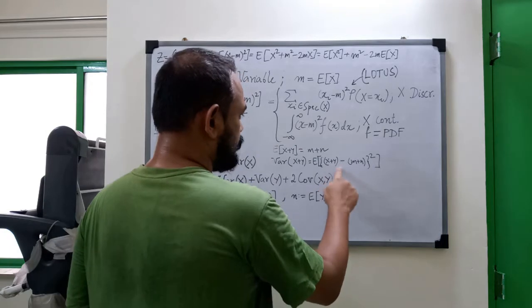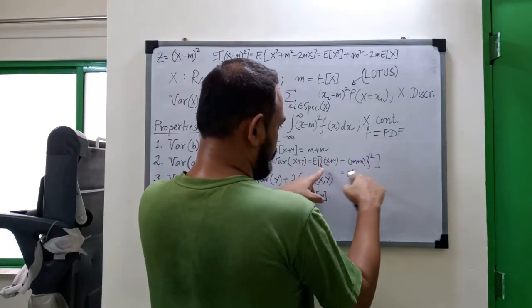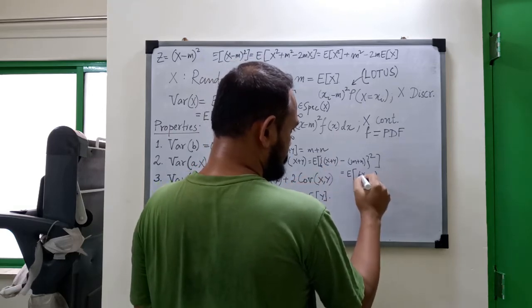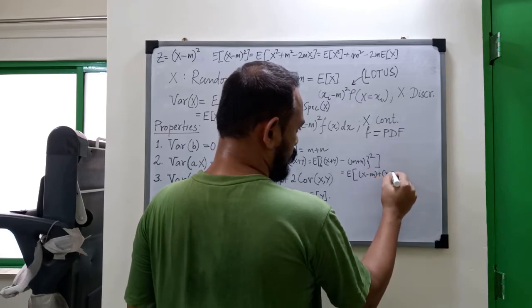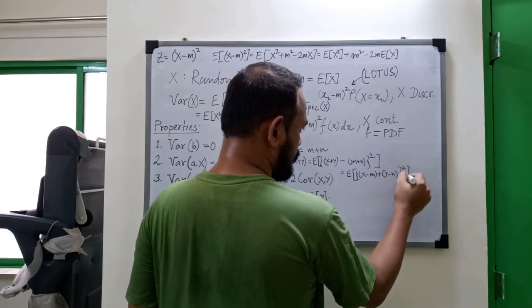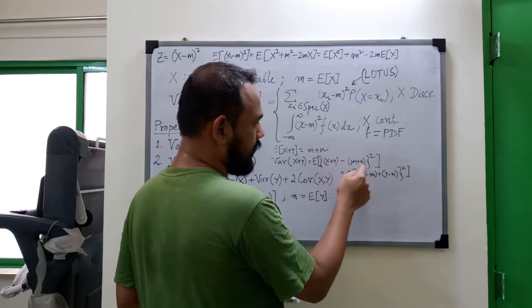That's what I had to do. Okay. Now, if you simplify this, inside this thing, you can write this as x minus m plus y minus n, and the whole thing squared. Right? I'm just taking m with x and n with y.